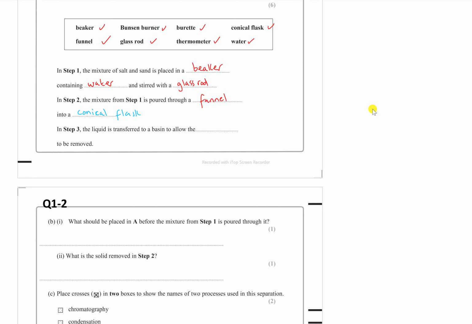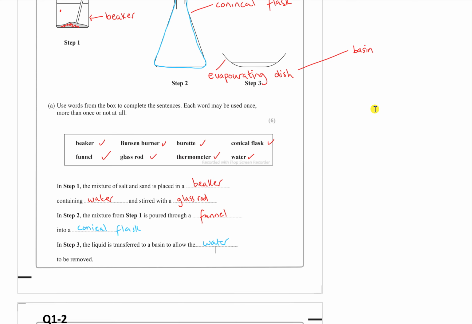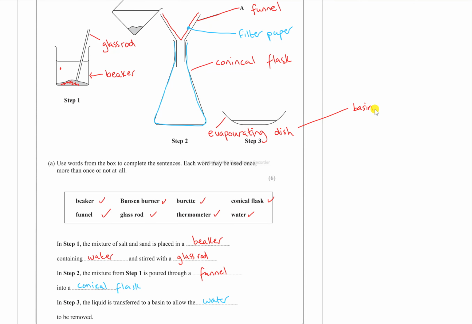In step 3, the liquid is transferred to a basin to allow the water to be removed. So what happens here is you put the Bunsen burner on, the heat will evaporate the water and you're left with salt.